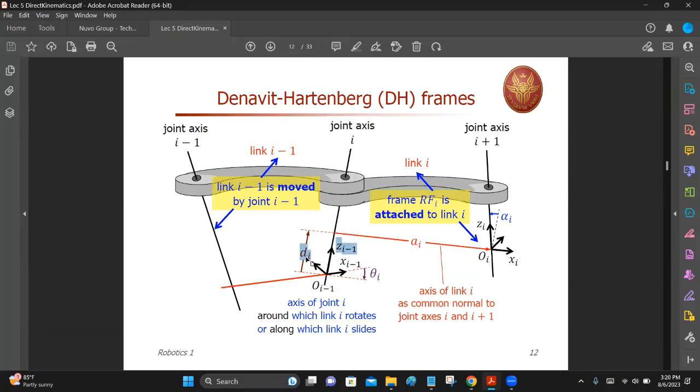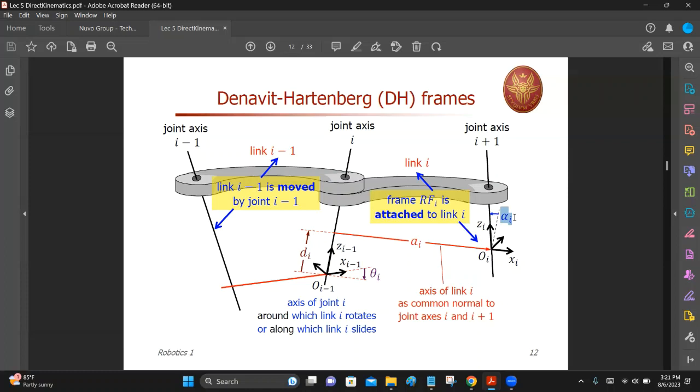Only one of these parameters is varying, the other one is fixed. And the latter two parameters, ai and alpha i, are both fixed by design: the length of the link and the twist of the link. Okay, fine.